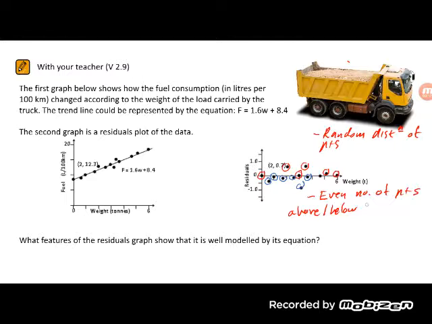So above and below the horizontal axis. So that's one of the other things we're looking for. So there's two conditions satisfied.